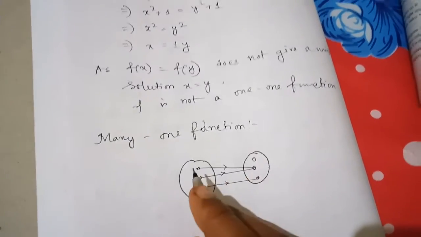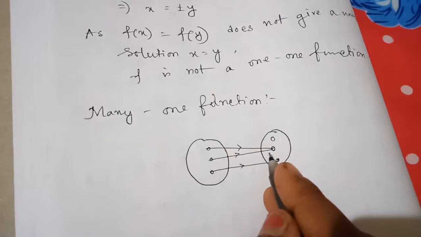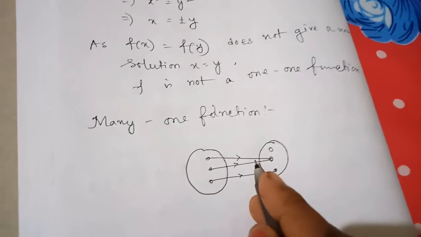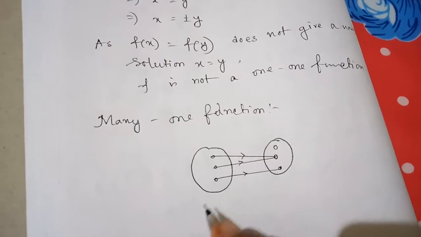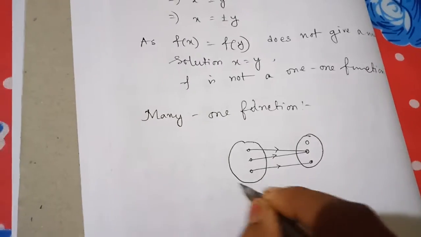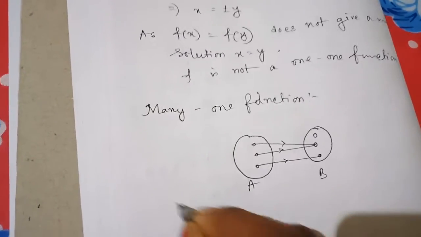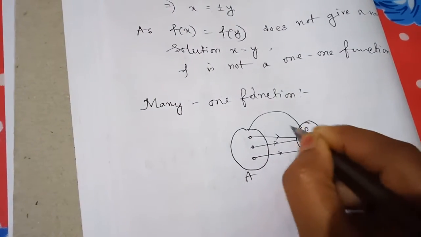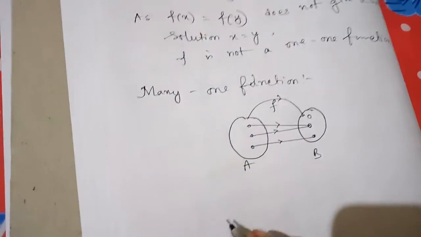Many into one, that's why it's many-one, and one into one, that's why one-one. Many-one means, suppose this is A and this is B and this is f.